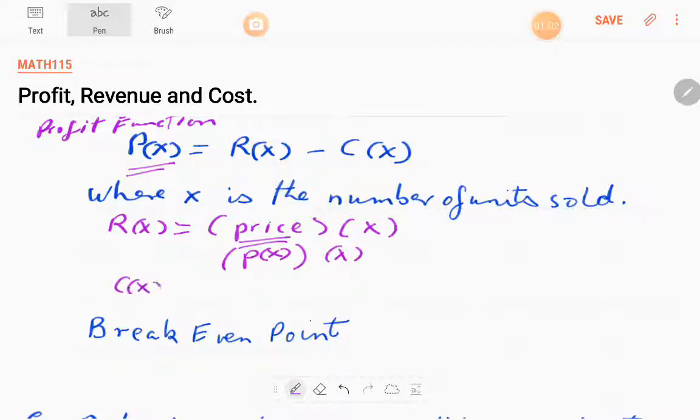Whereas cost is made up of fixed costs, f(x), plus variable costs. Okay, so that's fixed cost plus variable cost.